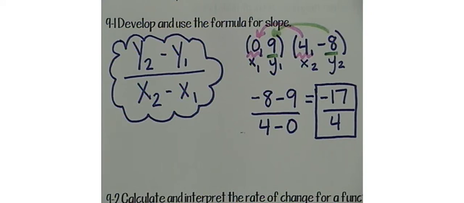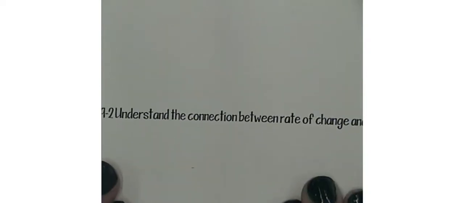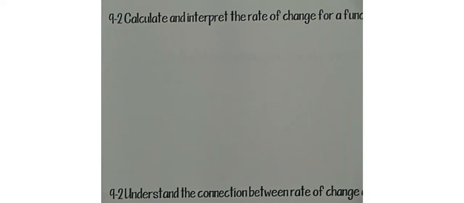9.2, calculate and interpret the rate of change for a function. So in 9.2 we talked a lot about story problems because we use the word rate of change when we're talking about a real life example.